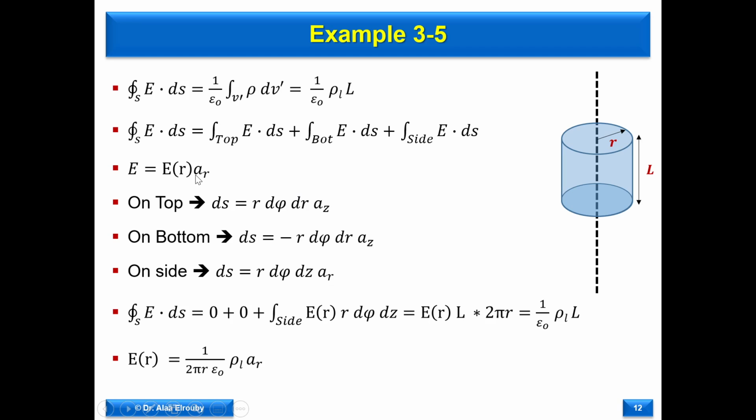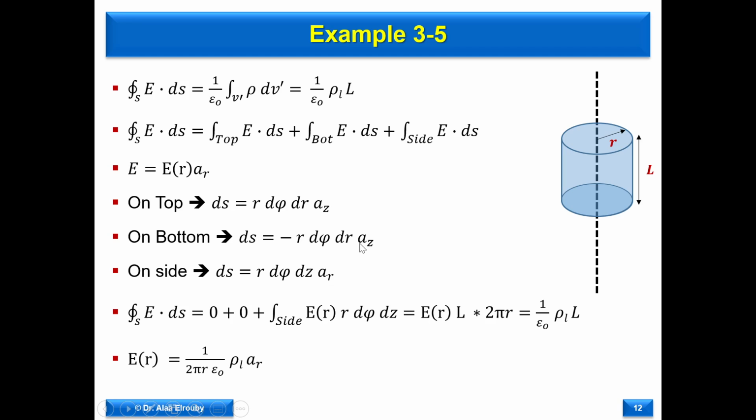The electric field is in the R direction. On the top, the ds is in the Az direction, so the dot product will equal 0. You should know why it's 0: AR and AZ are orthogonal, the angle between them is 90 degrees, so the dot product is 0.